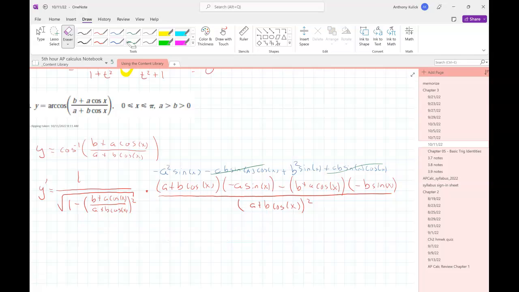Okay, so this part I need to think about as the square root of a plus b cosine squared times the square root of a plus b cosine squared. I wanted to think about it that way so I can distribute this thing through and it'll clear the fraction for me.